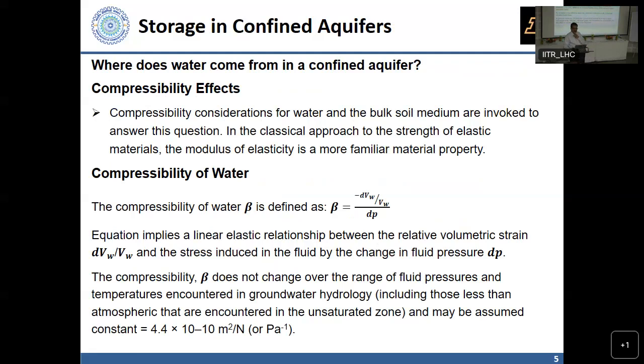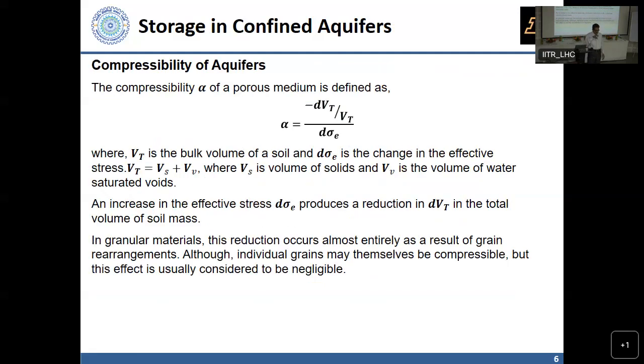So the moment we start drawing water, let's say through pumping activity, in the neighborhood where we are trying to remove water, as water starts to come out, we have reduced the volume of water. So water will expand to fill up that space. And in doing so, the pressure of water will go down. We have removed some of the water, water has expanded, its pressure has gone down.